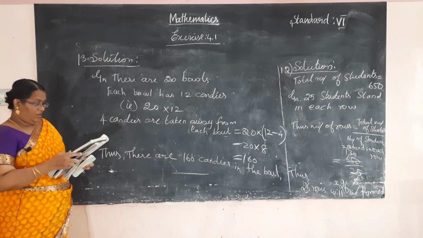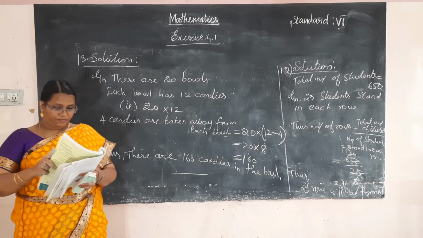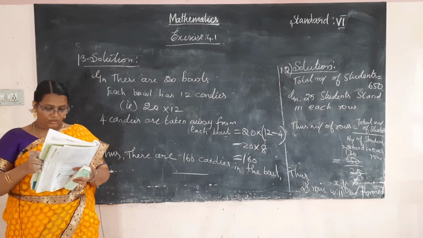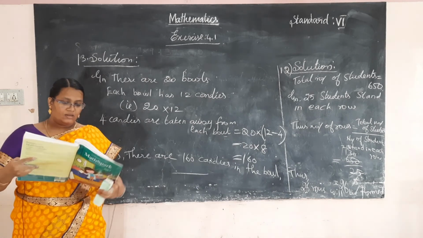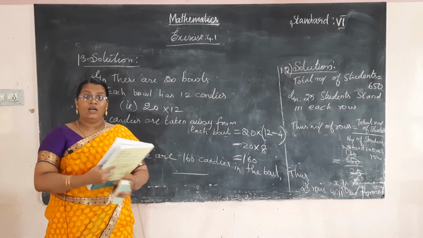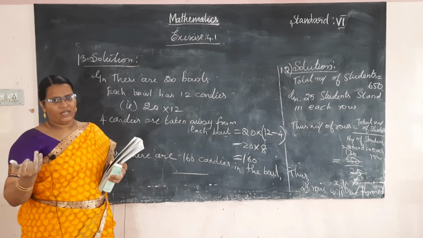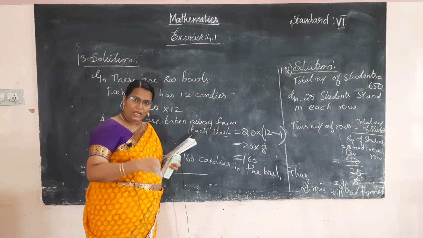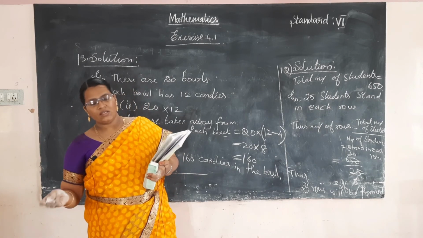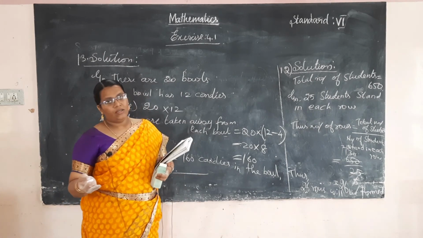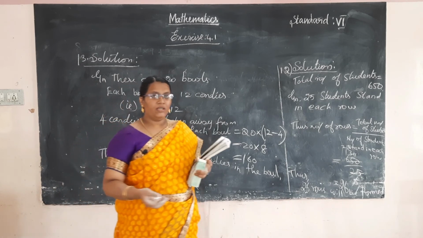Okay. So the fourth unit is completed, is it? What did we learn in the fourth unit? Whole numbers, natural numbers. What is meant by natural numbers? Counting numbers are called natural numbers. Whole numbers means 0 together with natural numbers is called the whole numbers.